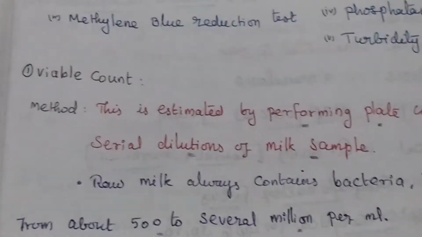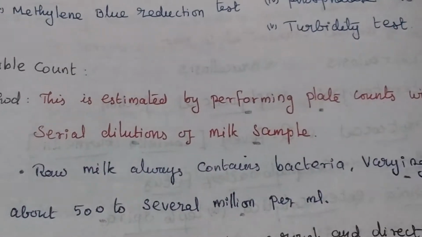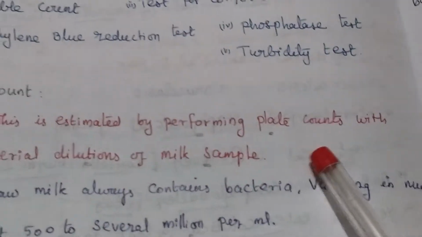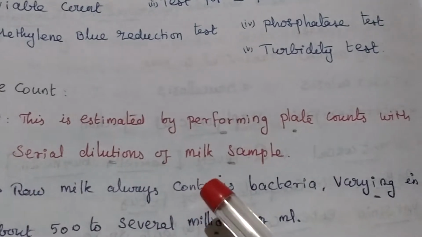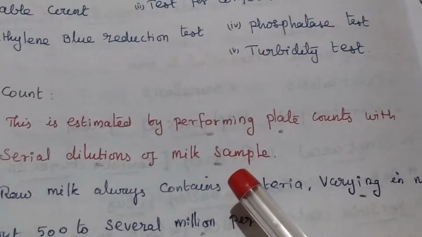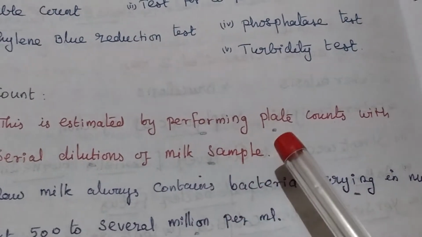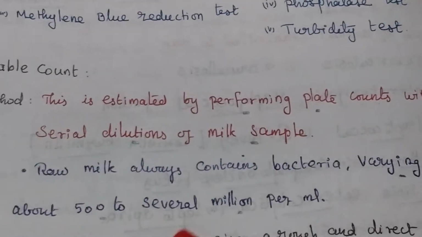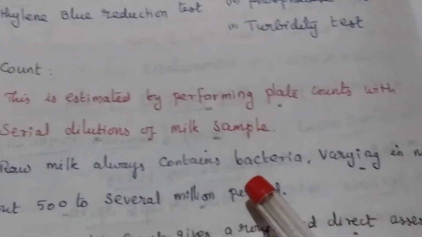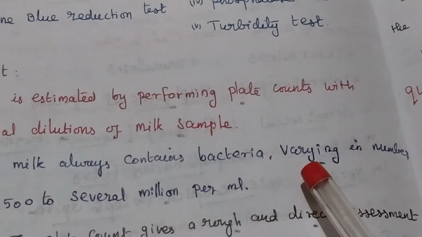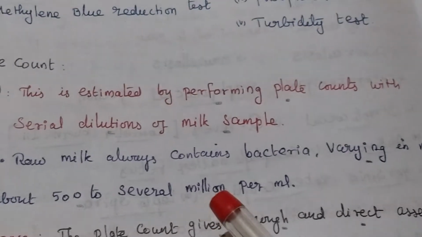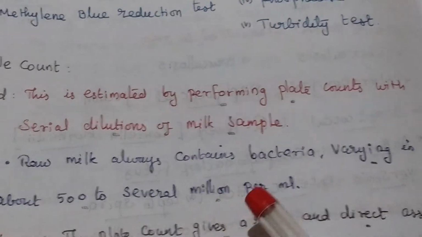First one is viable count. This method is estimated by performing plate count with serial dilution of milk sample. Raw milk always contains bacteria varying in number from about 500 to several million per ml.